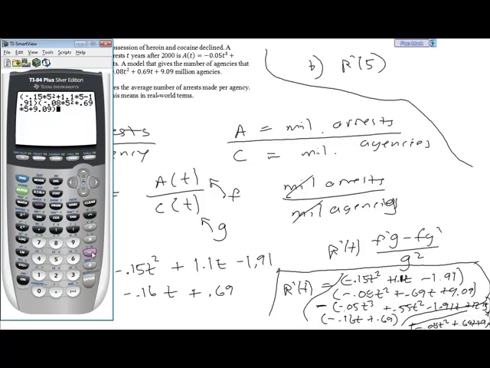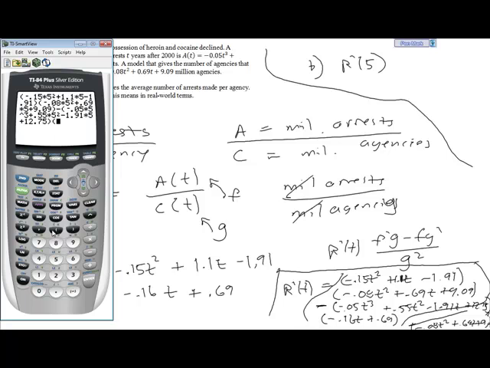And now I'm going to subtract away negative 0.05 times 5 cubed plus 0.55 times 5 squared minus 1.91 times 5 plus, what was our plus, 12.75.